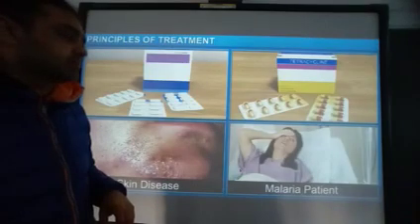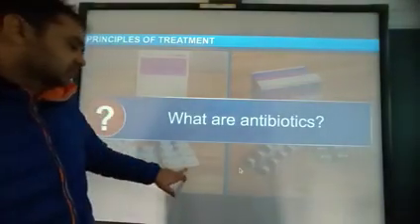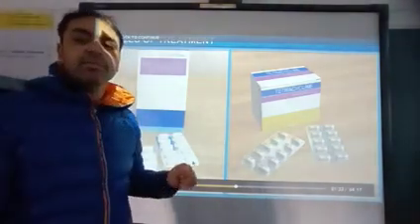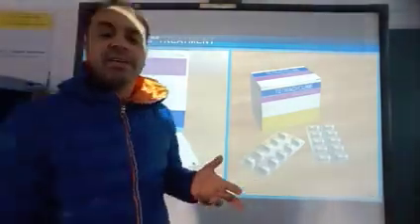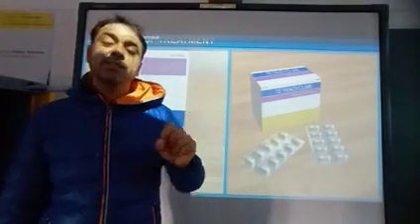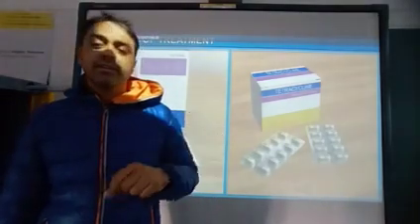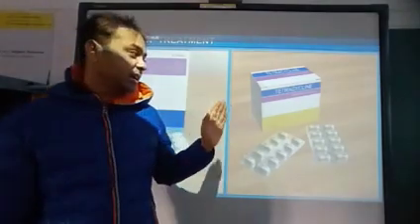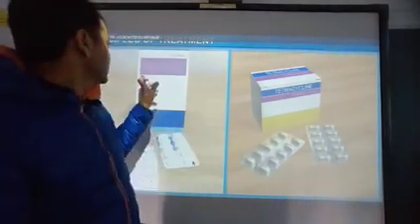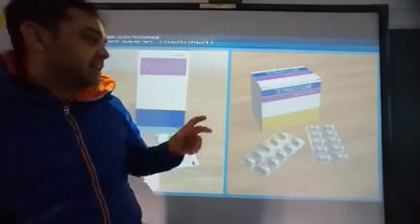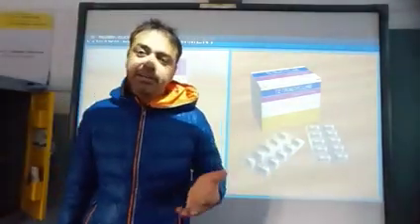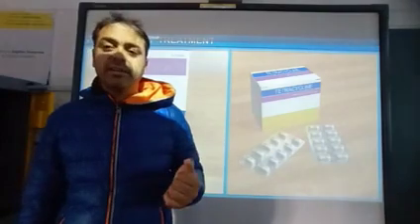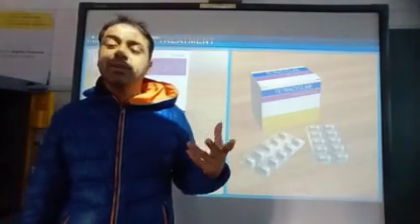What are antibiotics? These are the medicines we very frequently take. Antibiotics were basically prepared to kill bacteria. In the case of a bacterial infection, we can take antibiotics like tetracycline and many others present in the market and sold under different names.